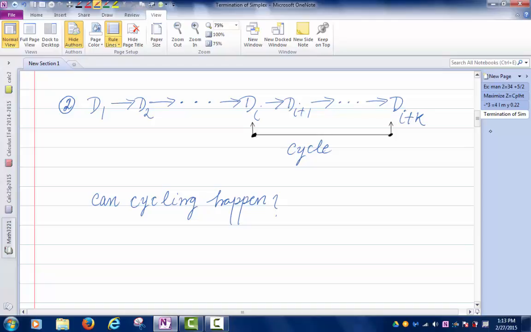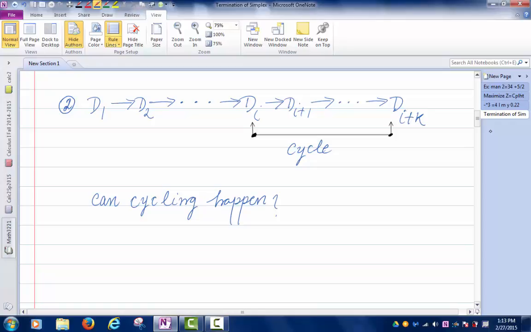So that's a cycle. It means that the simplex is now within a cycle, right?